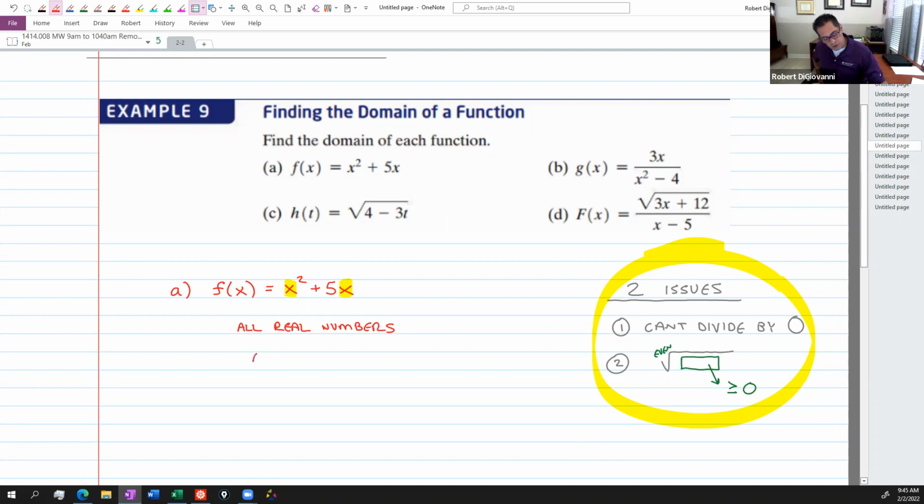So they want you to put negative infinity, comma, infinity. And that just means you can pick any number between negative infinity and infinity, which means any number. And then there's another notation that we can use, and it's a capital double struck R. That double struck R means all real numbers. So all three of those answers are the same.